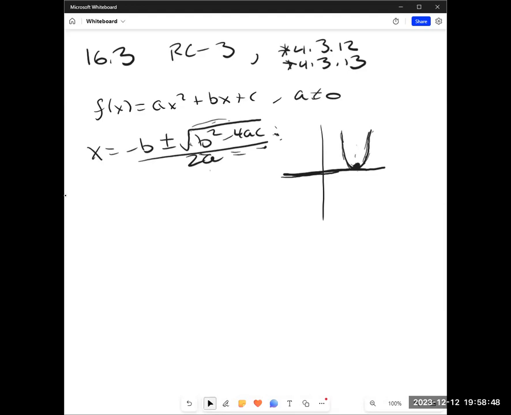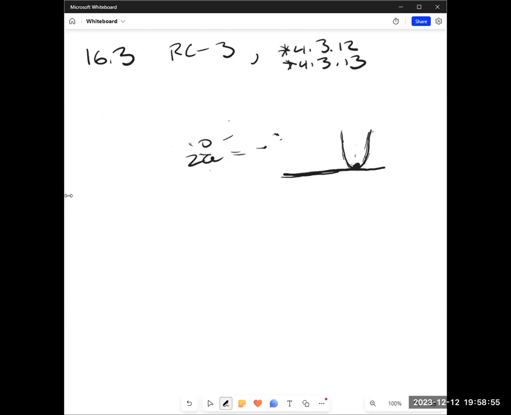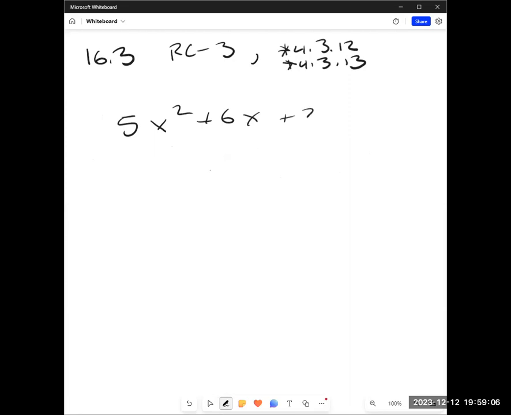So let's go ahead now and look at 16.3 RC-3, which is a review check problem. And we want to specifically look at the problem 5x squared plus 6x plus 2 equals 0 and decide what type of zeros it's going to have.